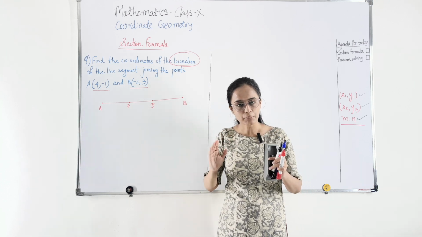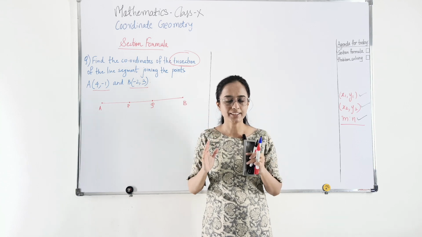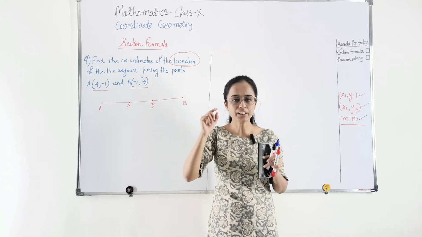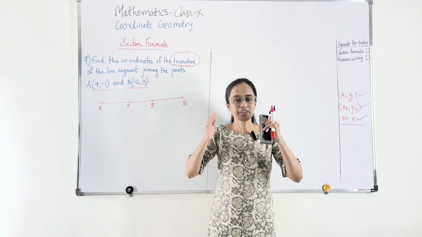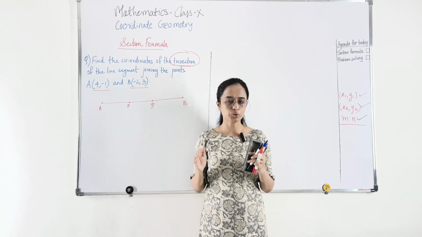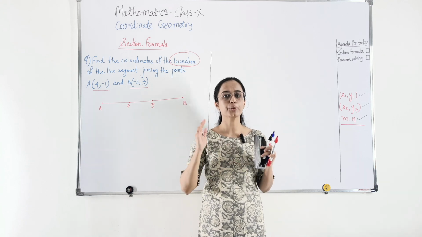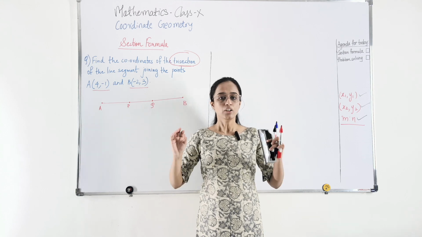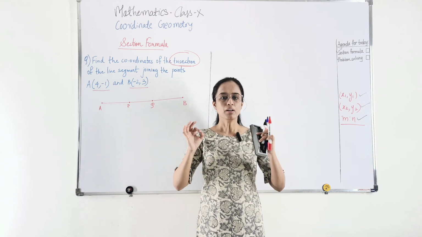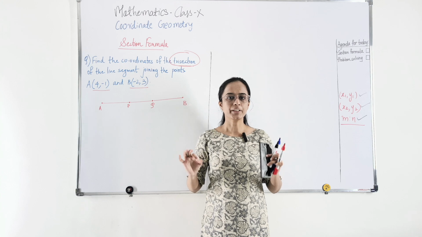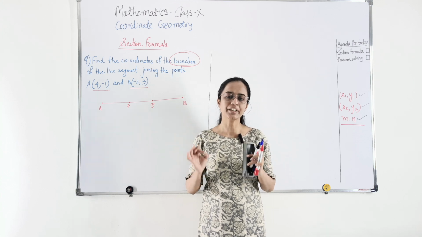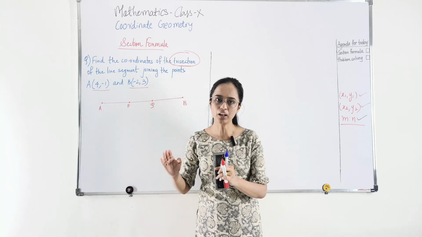So there is a line segment AB which has been trisected by 2 points P and Q such that it gets divided into 3 equal parts. So trisection in geometric terms means that a line getting divided into 3 equal parts.